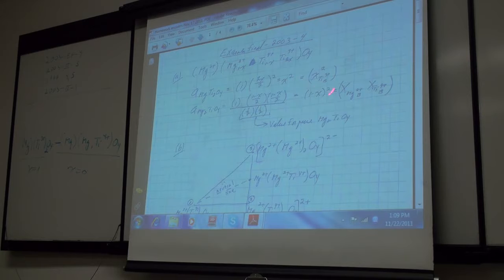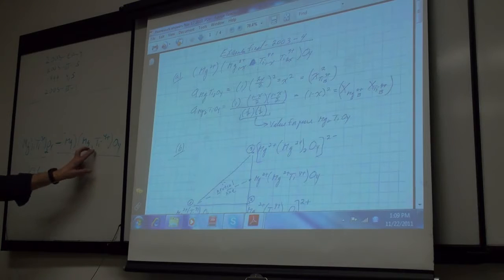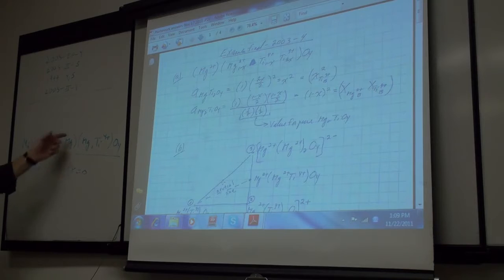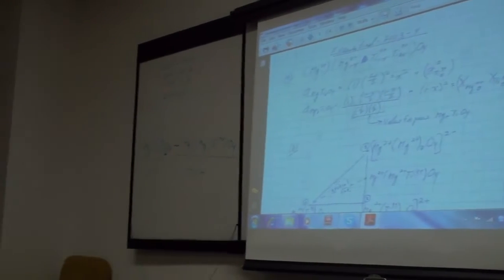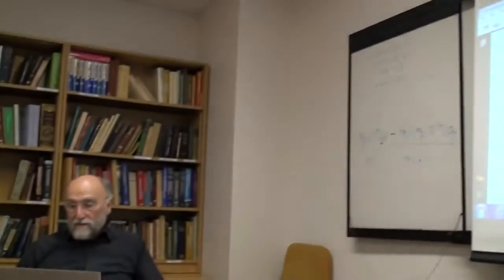That's how you end up with the activity of the Mg2TiO4. Even in the pure material, you have a random mixture of these two things. If you make it 1/2, 1/2, you're going to end up with the pure material with an activity of 1/4, which isn't right. So if you want to get your standard state right, you've got to do it that way. I put this up on the server the other day.